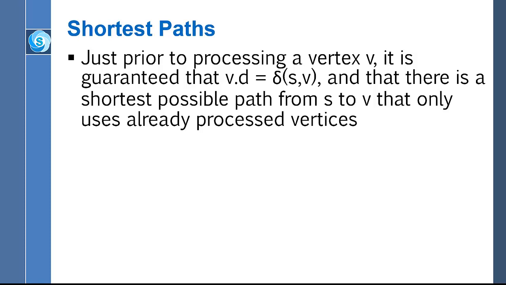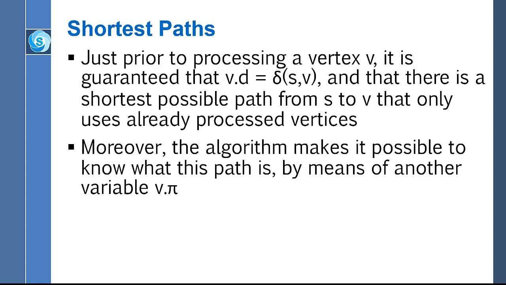When it's time to so-called process a vertex V, at that moment it's guaranteed that V.d is equal to delta(S, V). In other words, we will have discovered by that time a shortest path from S to V.